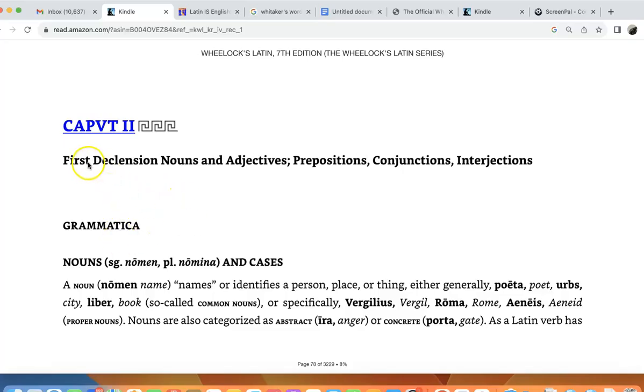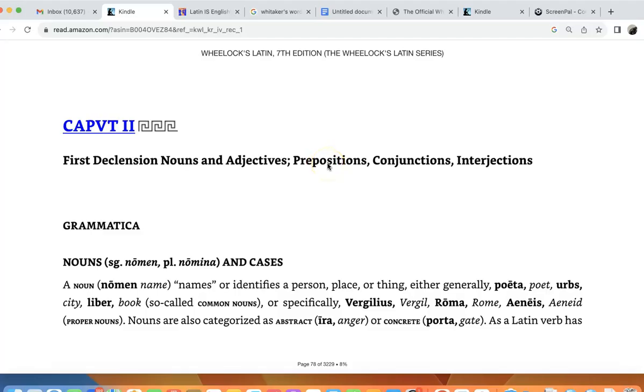For example, I think this is enough for a lot of students, especially beginning out: first declension nouns and adjectives. This term may be new to you. English doesn't use declensions. Some languages do. German does, for example. So we're going to have to understand this and be able to apply it in our lesson.